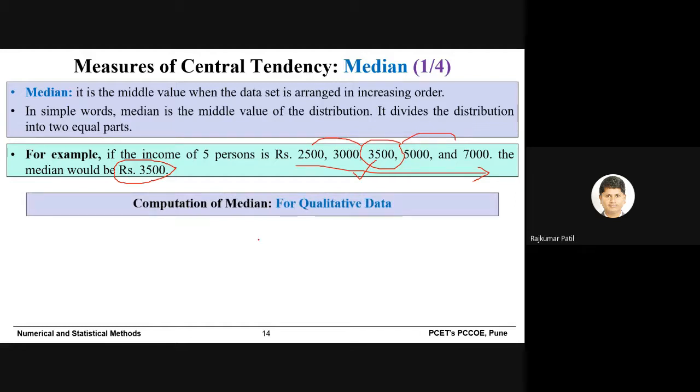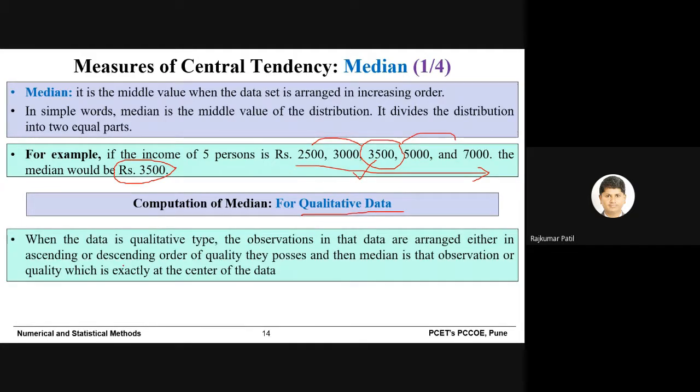Now for different cases, different approaches are there to calculate the median value. So first, when the data is of qualitative type, then how will you calculate its median? So answer is very simple. When the data is qualitative type, the observation in that data are arranged either in ascending or descending order, just like this example.